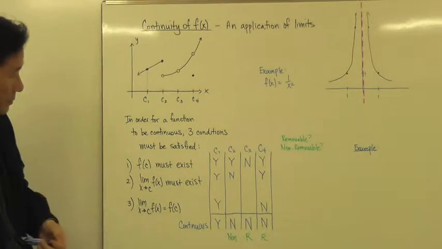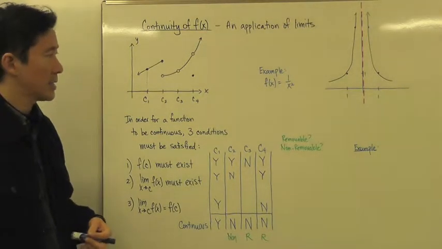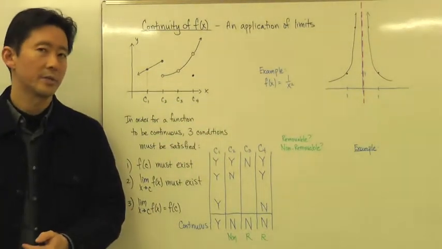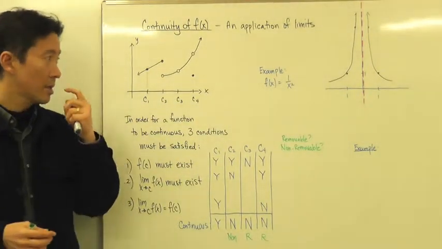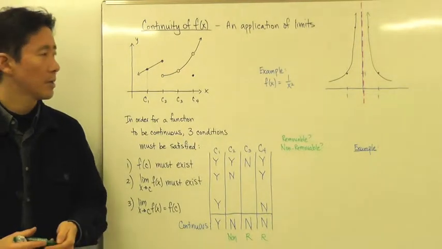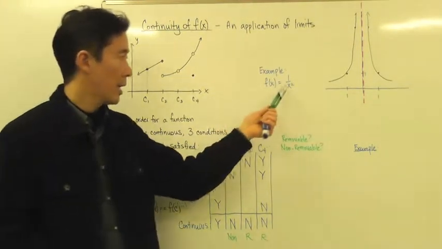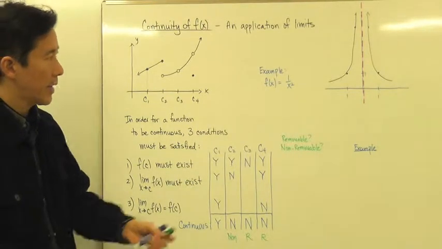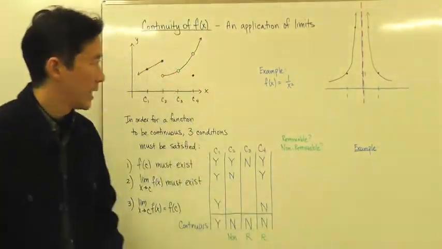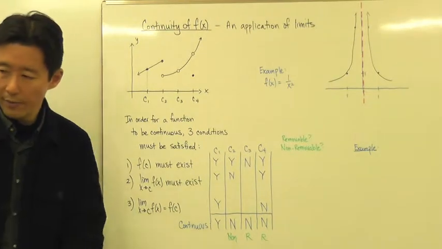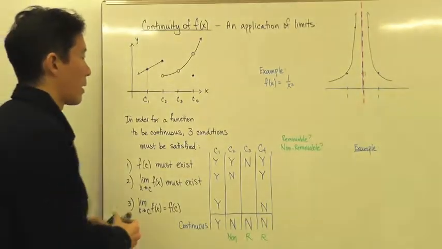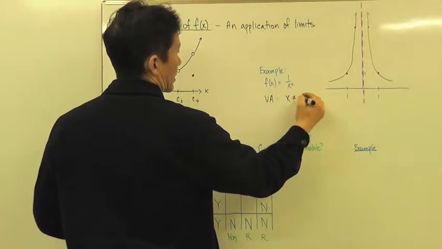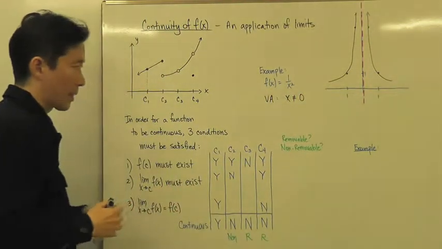Okay, now let's take a look at another example. One of the things we want to do is talk about specific functions and make sure we can approach it from an algebraic perspective as well. Here's our graph, and we have a vertical asymptote. For the vertical asymptote, x cannot be equal to 0.